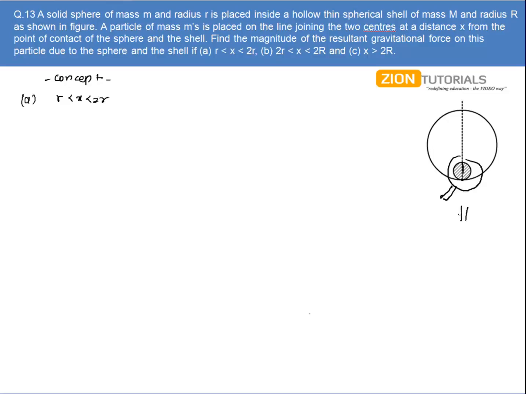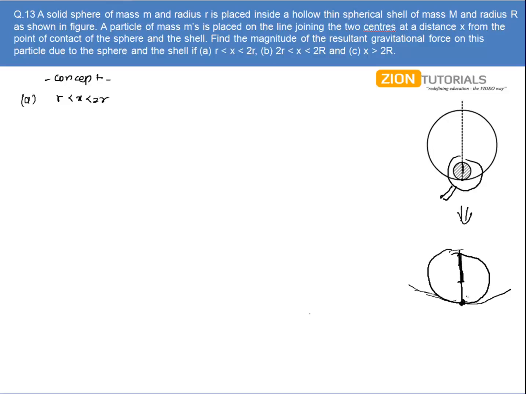The magnified part is like this, and this is my outer sphere. This is the center line, and the value of x, the distance from the point of contact, lies somewhere between r and 2r, so it lies somewhere over here.